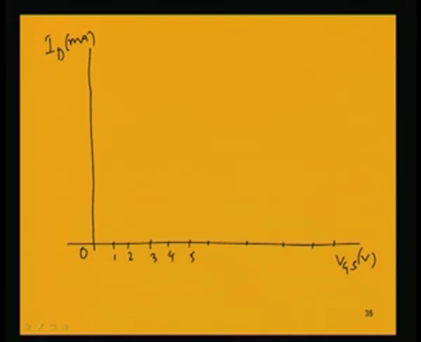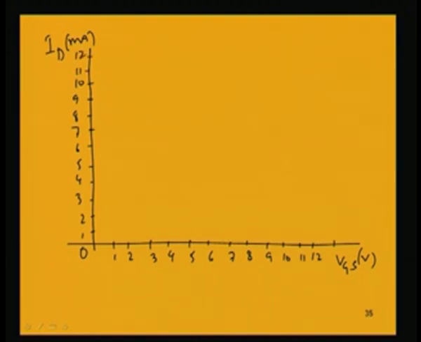So, it is 4, 5, 6, 7, 8, 9, 10, 11, 12 like that. Similarly on the other axis, 1, 2, 3, 4, 5, 6, 7, 8 like that, 11, 12.